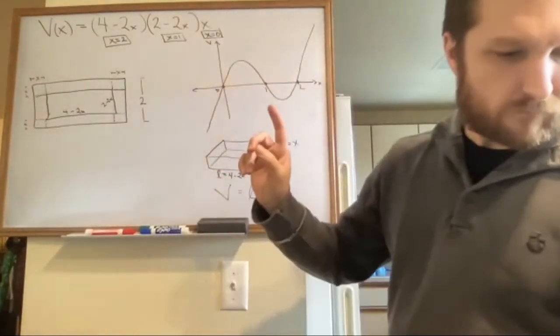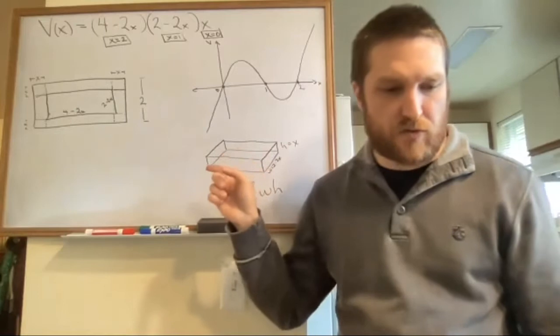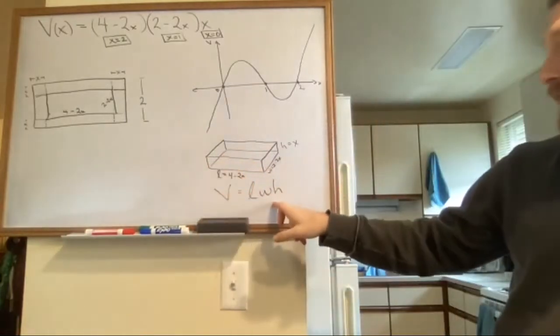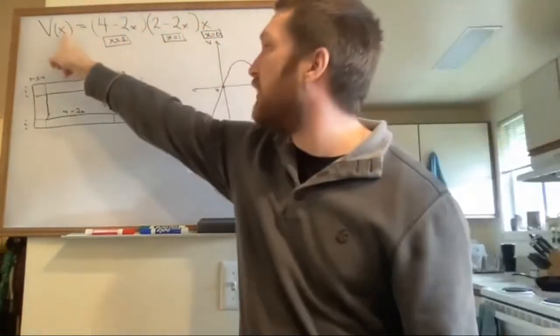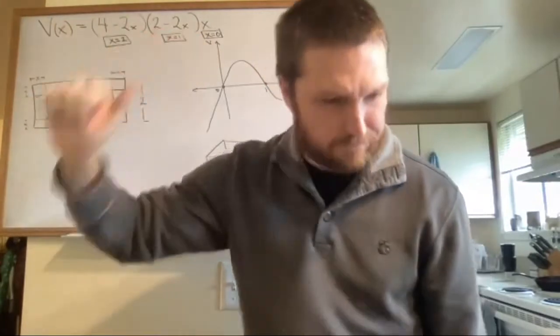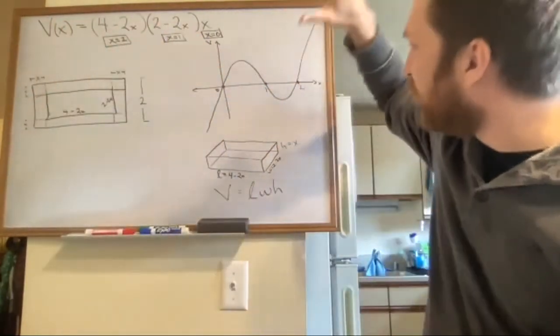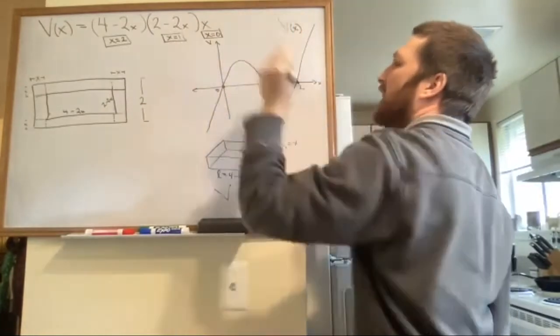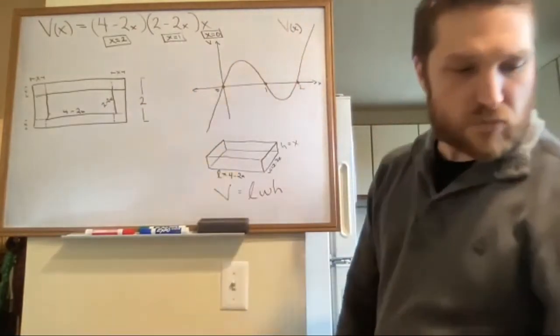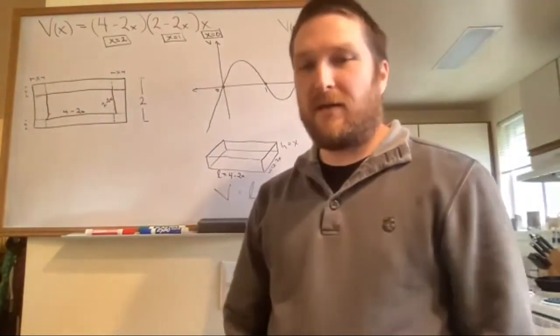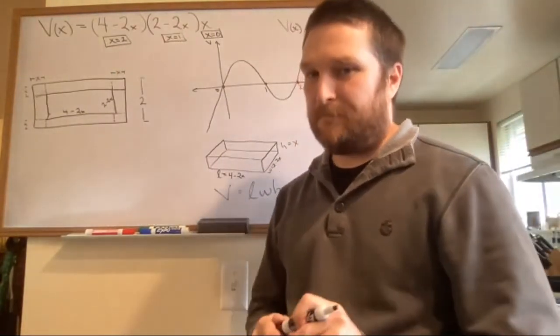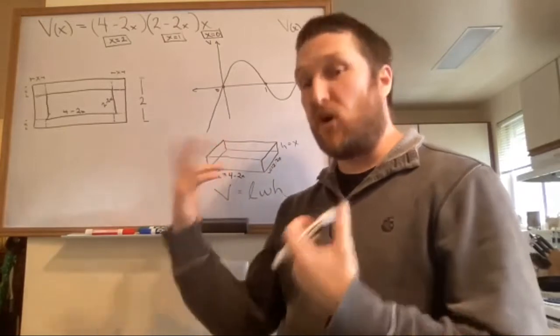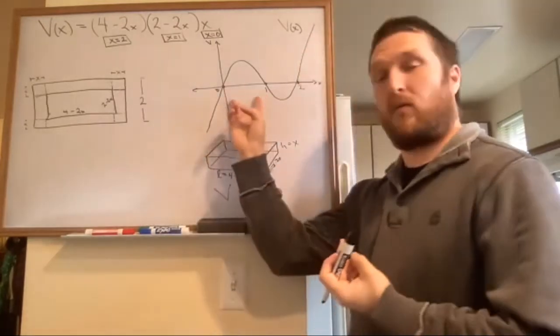Let's see. We've used the constraint to turn the function of multiple variables down into a function of one variable. Check. We have graphed the function. This is V of x that I've graphed. It looks like that. Sweet. Find the minimum or the maximum of the function. We know we're looking for a max.